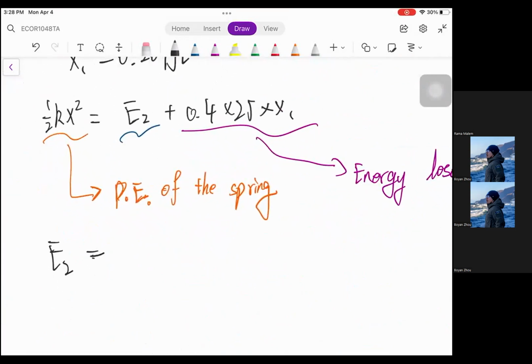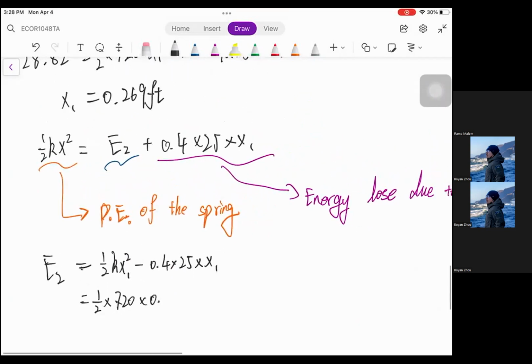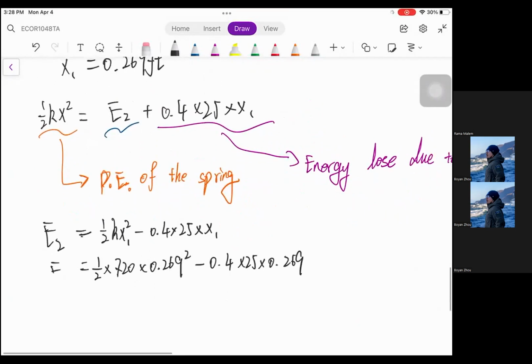So E2 is equal to half K x1 squared minus 0.4 times 25 times x1. That is half of 720 times 0.269 to the power of 2 minus 0.4 times 25 times 0.269, equal to E2.